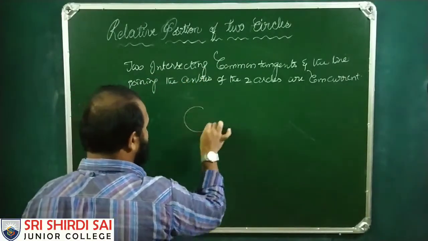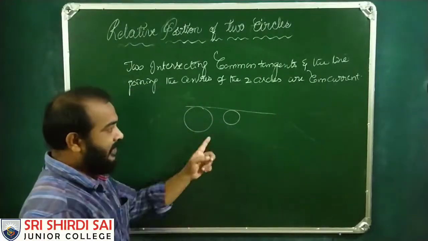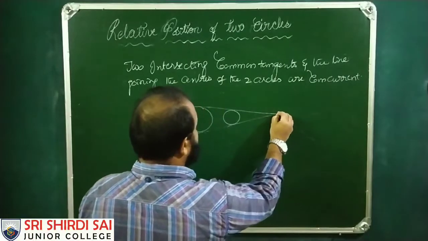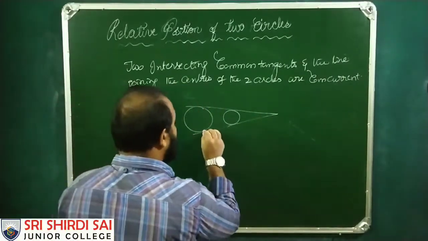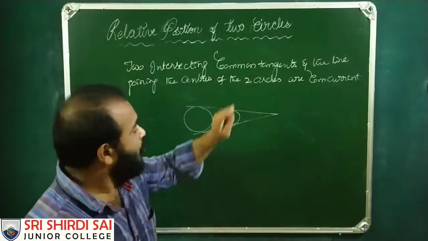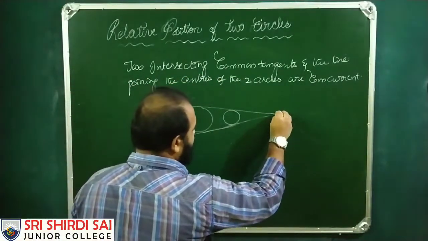For example, two circles are like this. Let us take this as one direct common tangent, and this is another common tangent. So these are the two intersecting common tangents, intersecting at this point.